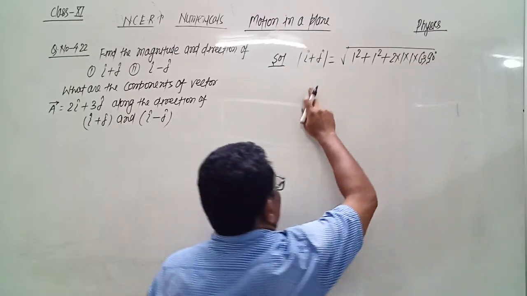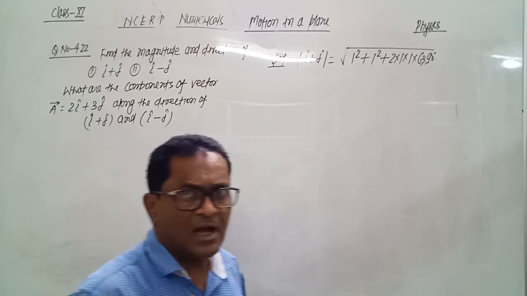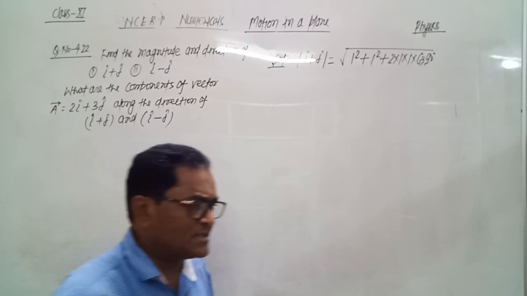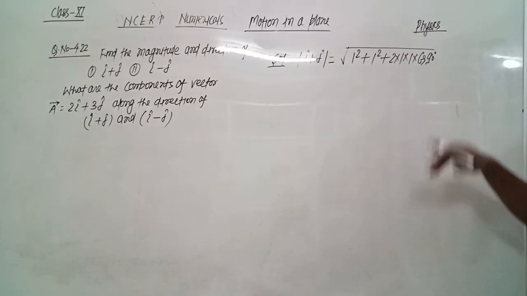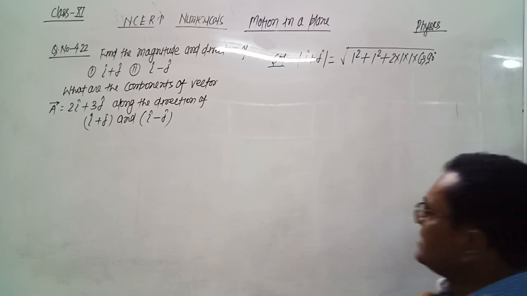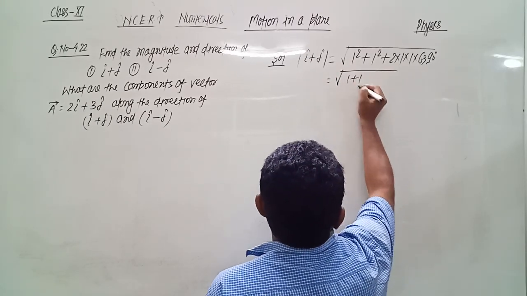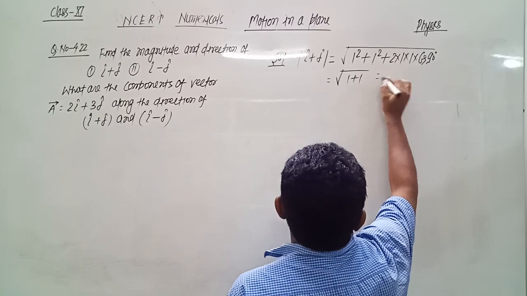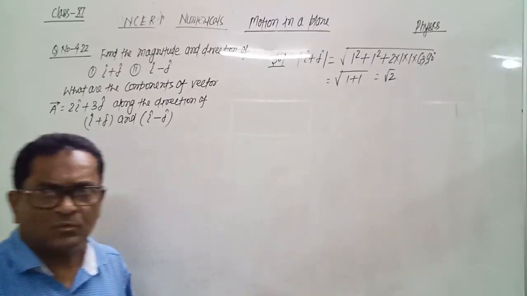We are using the formula under root of p square plus q square plus 2pq cos theta, where theta is the angle between two vectors p and q, and here the angle between i cap and j cap is 90 degree. Then we get under root of 1 plus 1, cos 90 is 0. So the magnitude is under root of 2.